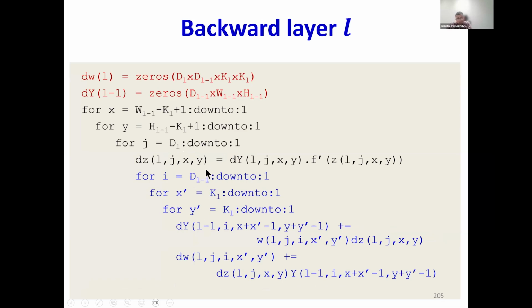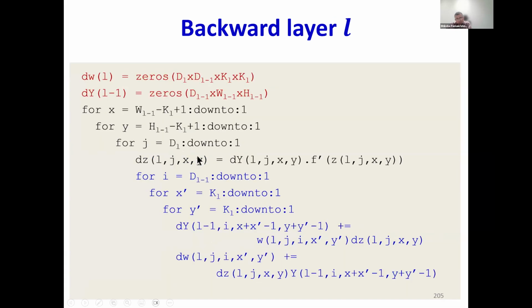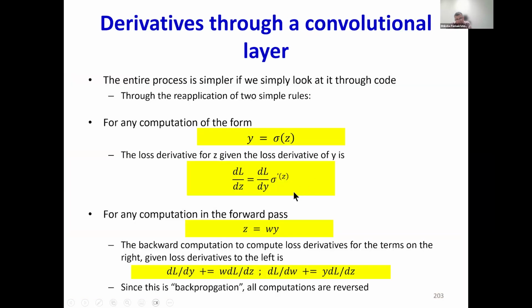And so this is what the code will look like. First, y equals activation of z is going to become dz equals dy times the derivative of the activation. And then we're going to use the other rule: if I have z equals wy, then the derivative of the loss with respect to y is the derivative of the loss with respect to z times w.